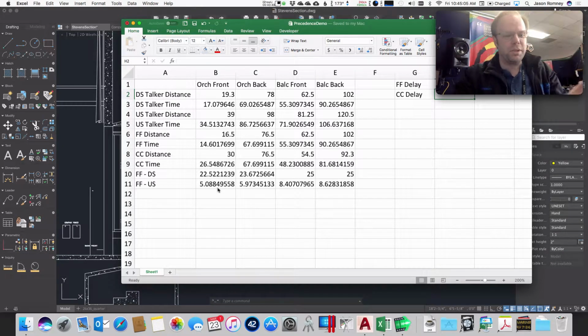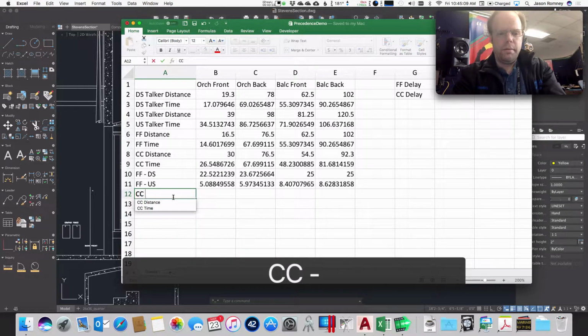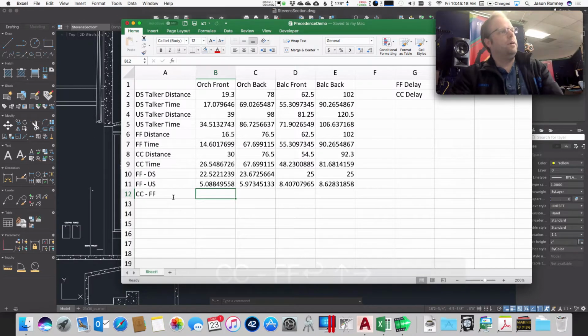And I know that that's possible because I did it before. So now I'm going to say center cluster minus the front fill. Right? But I also have to include the delay in there. So that gets a little tricky.